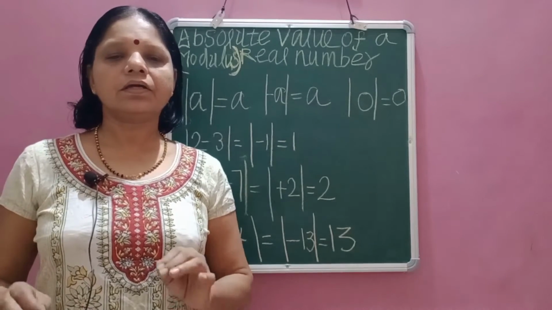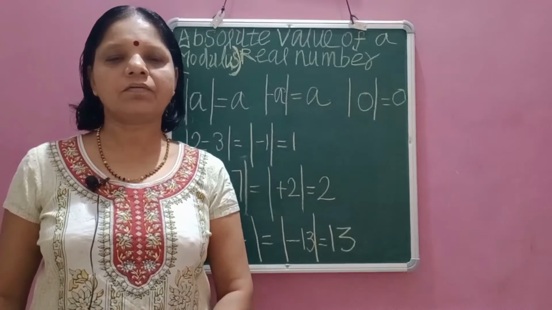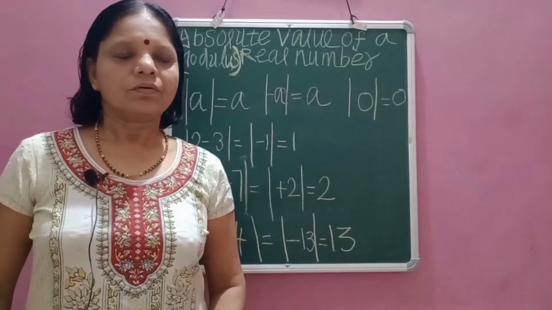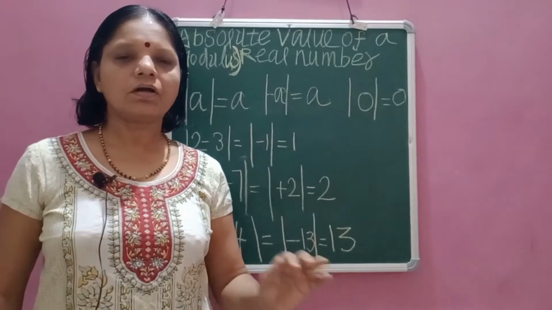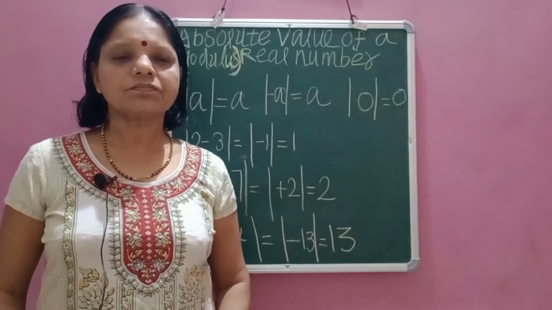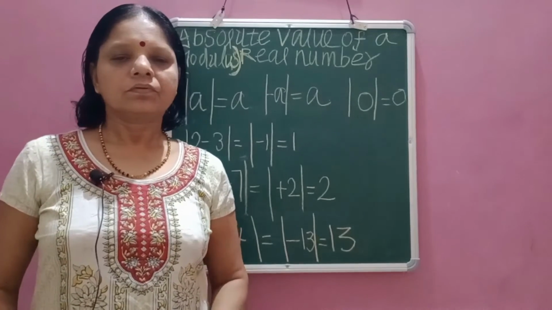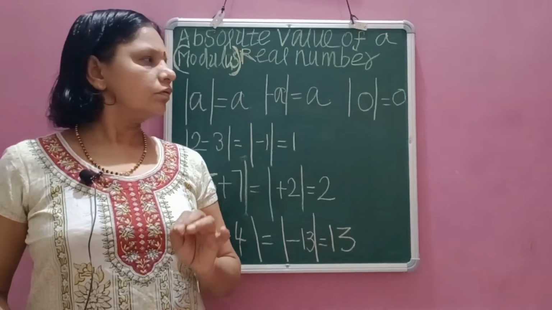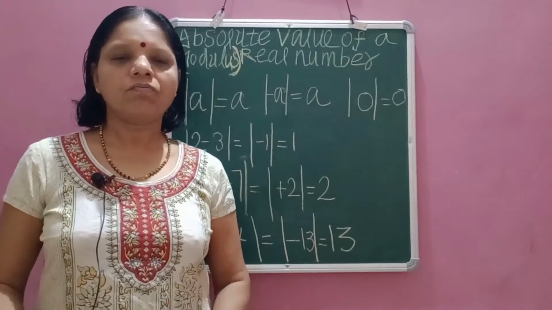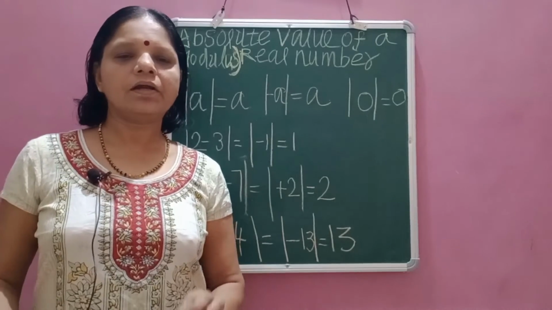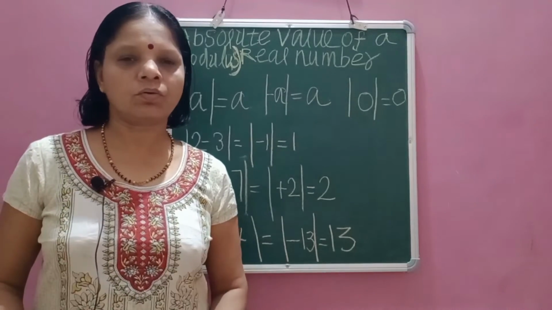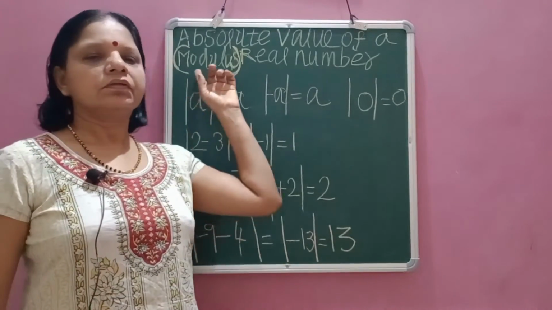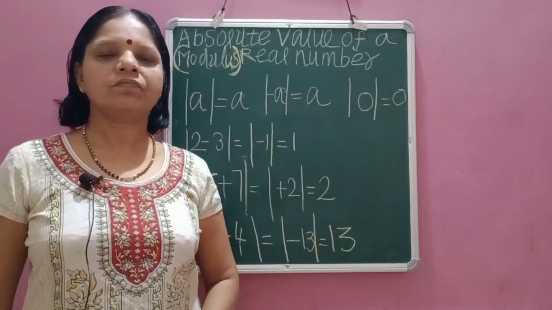They are at equal distance from the origin, from 0. Whether it is positive or negative, this value determines how far the real number is from 0, and gives the absolute value.